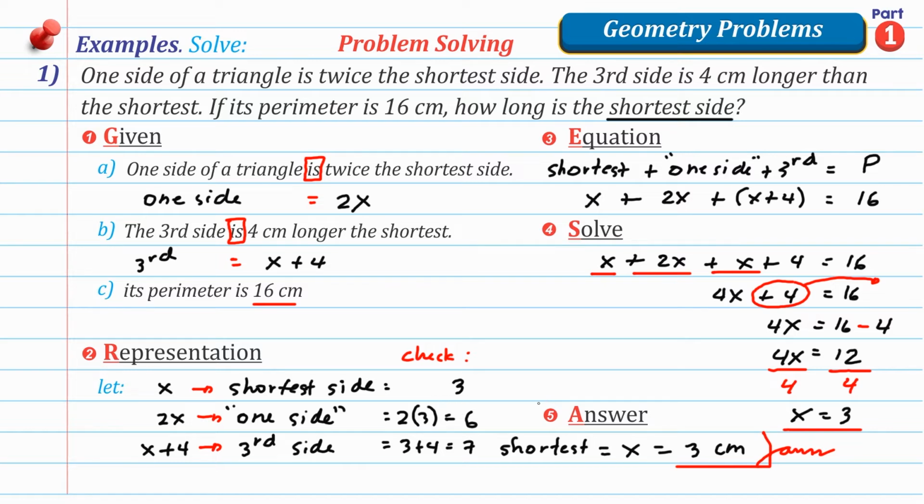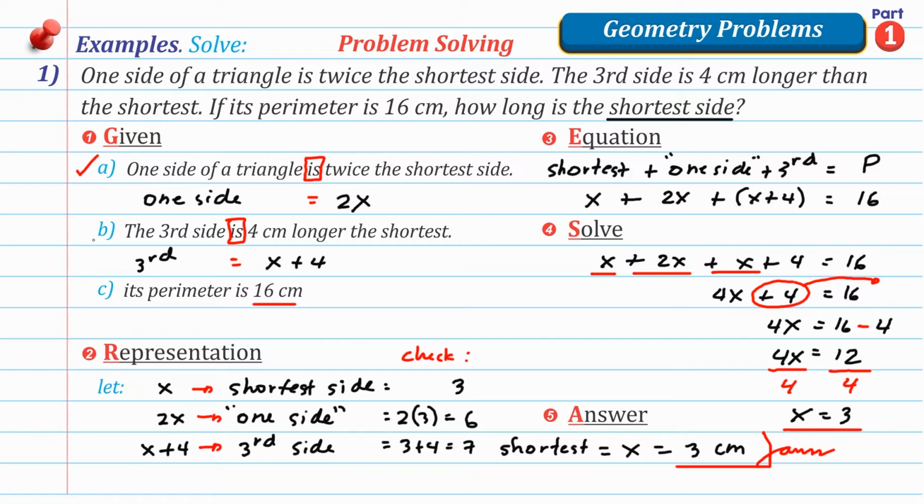Now, of course, you can always check your final answer. One side of a triangle is twice the shortest. This side here is 6. Is it twice the shortest side? Yes, it is. So, first given, checked. The third side is 4 centimeters longer than the shortest. The third side is 7. Is this 4 centimeters longer than the shortest, which is 3?